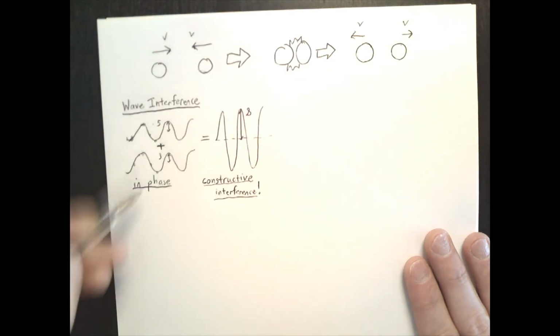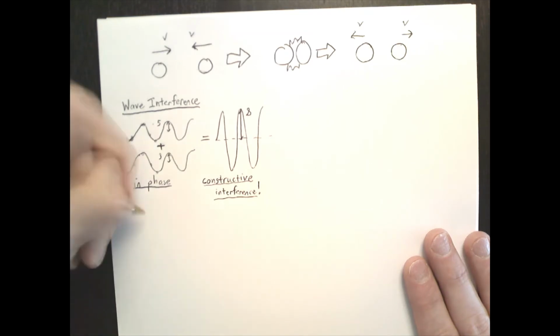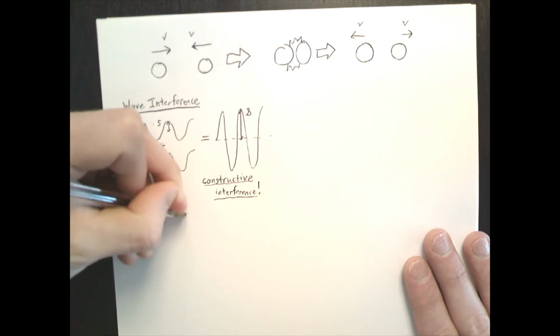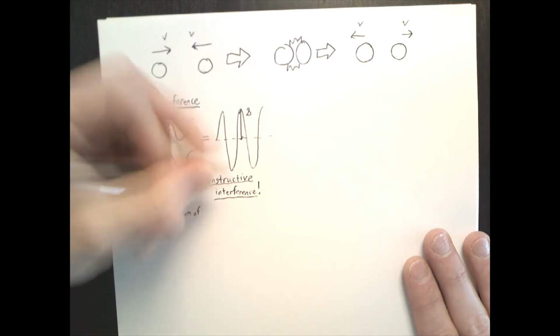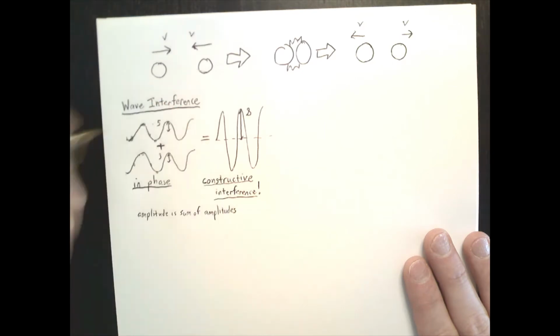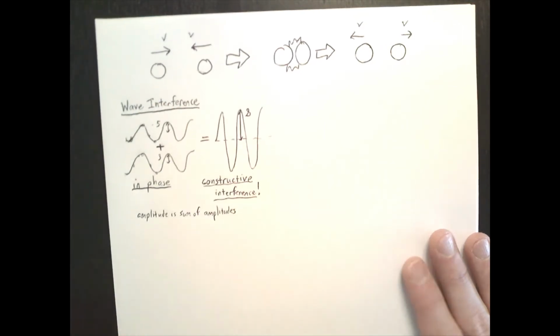And if we change the amplitudes of this wave, the result would be just the sum of the two amplitudes. So our amplitude is the sum of the amplitudes. If I change that to 12 and 12, we'd have a wave of 24, for example.